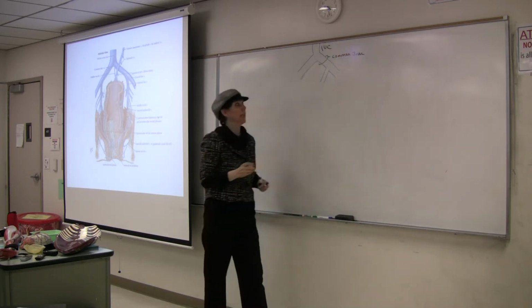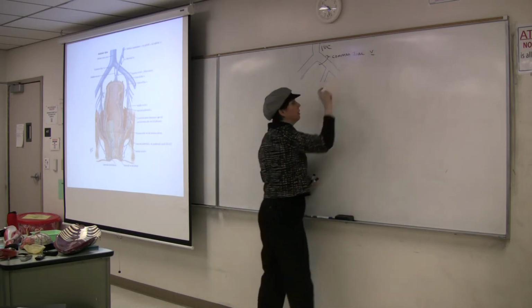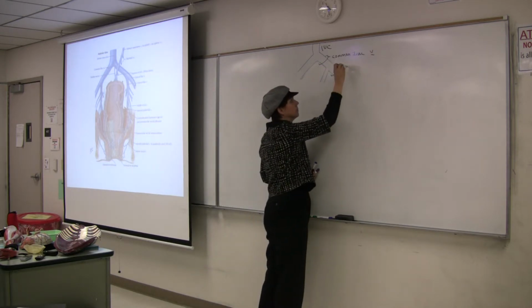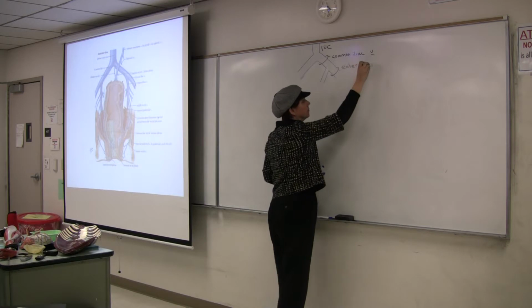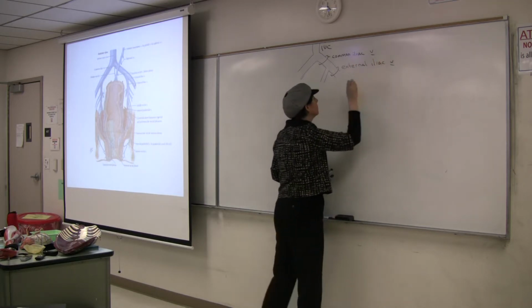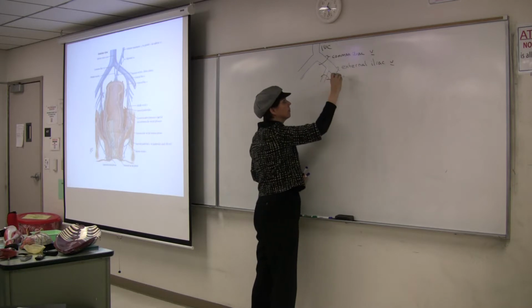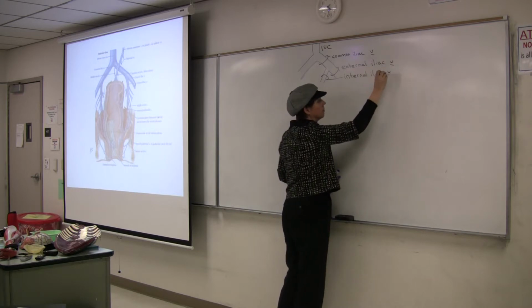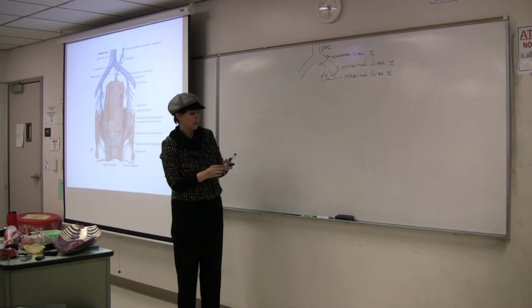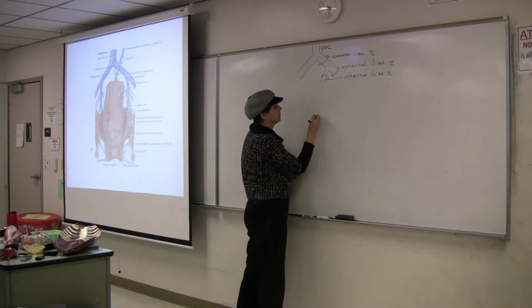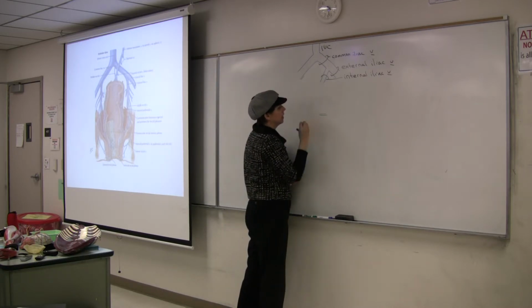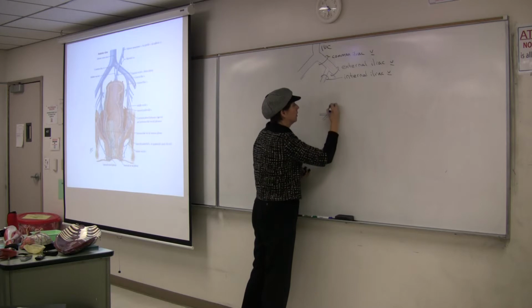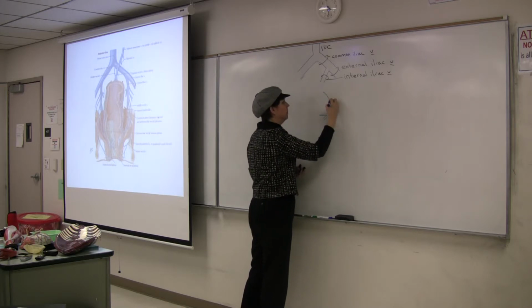And then forming the common iliac vein will be the external iliac vein and internal iliac vein coming together. Okay. So the inferior rectal vein is going to drain into the internal pudendal vein.